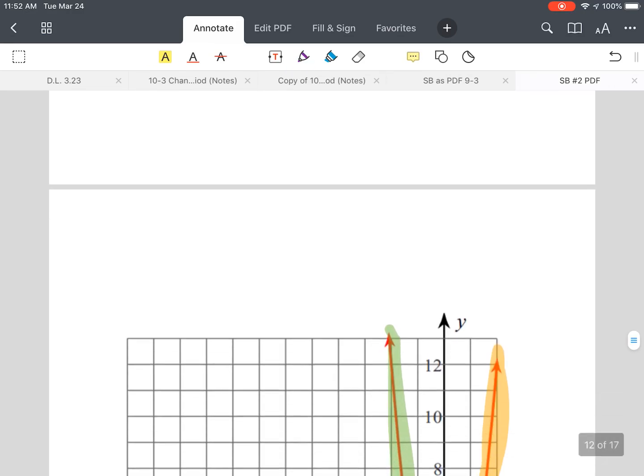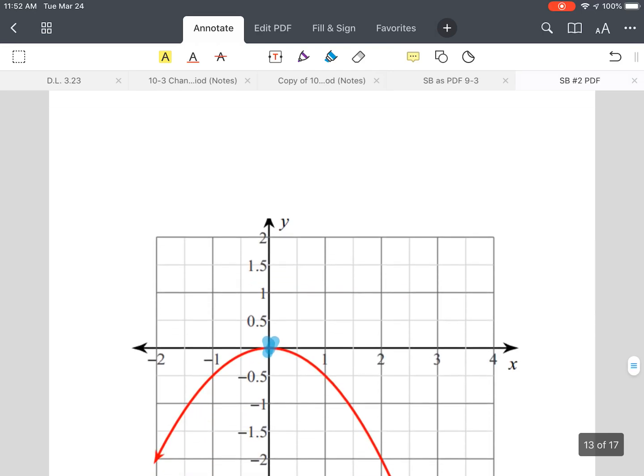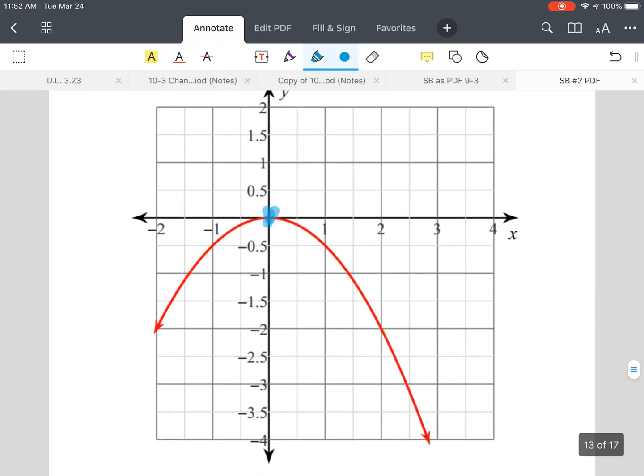And let's see, where is the function increasing? Where is the function going up? Well, it's going up here. And the reason it's going up here, the best way I can think about it is what I said yesterday. Put yourself in a roller coaster or a car that's going up this hill.